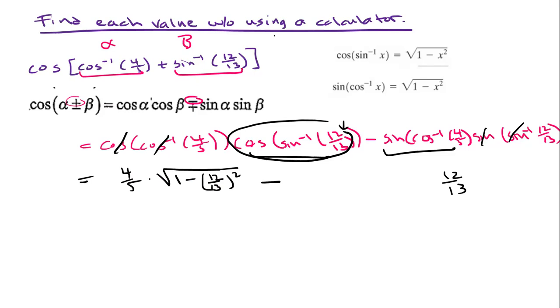And then we need to find the sine of inverse cosine of 4/5. So I already have it here. Sine of inverse cosine of x is equal to the square root of 1 minus x squared.